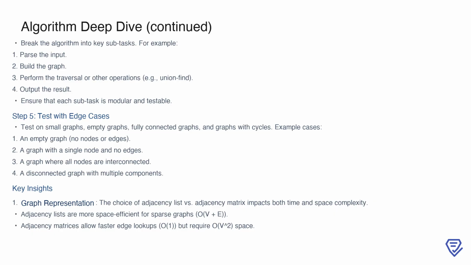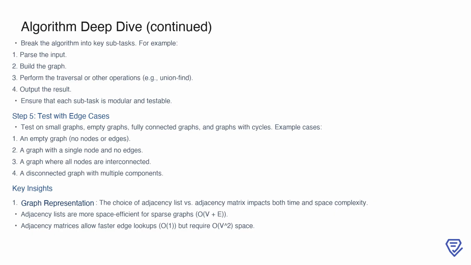Once the core implementation is complete, it's essential to test thoroughly with edge cases. For instance, consider how the algorithm performs on an empty graph, one with a single node, or a fully connected graph. Disconnected graphs with multiple components also provide valuable insights into the solution's robustness. Another key consideration is the choice of graph representation.